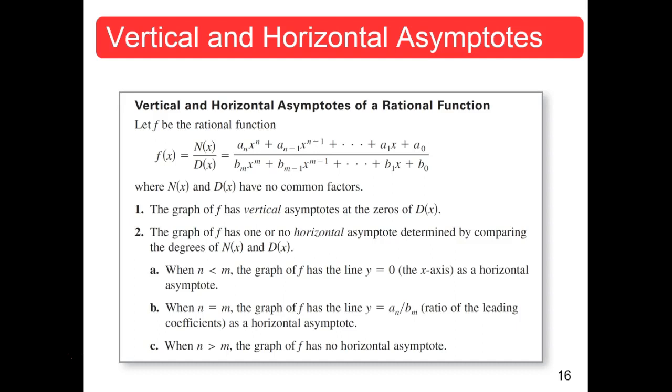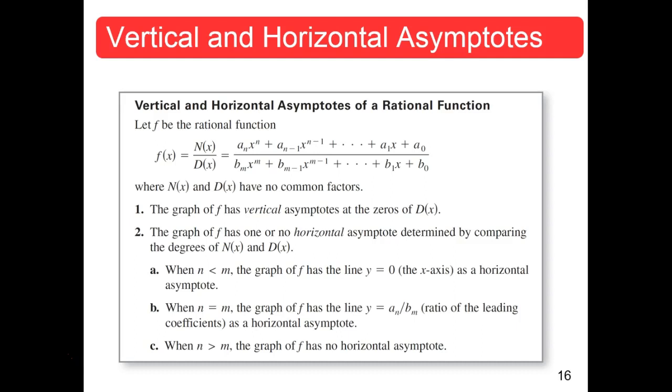Now, give me a value for m, the maximum exponent of the denominator. A number, any number. 2. Okay. So you had a 3 up here and a 2 down here. What's the ratio of those two? x, because x cubed divided by x squared would just be x.